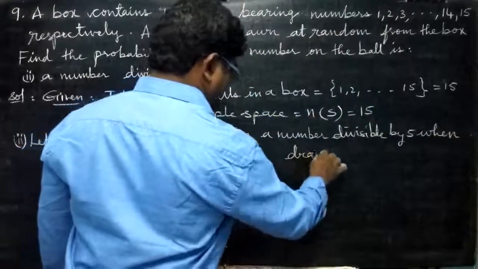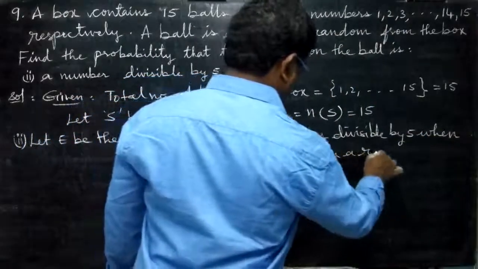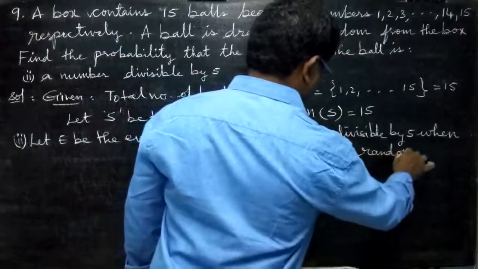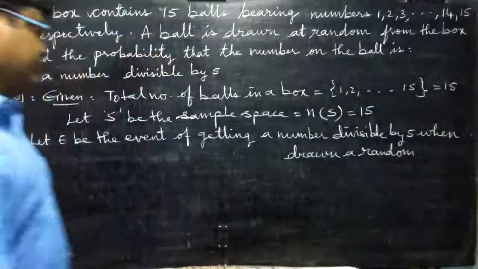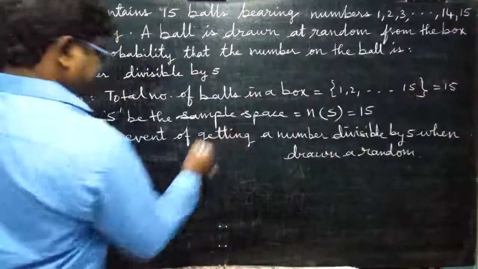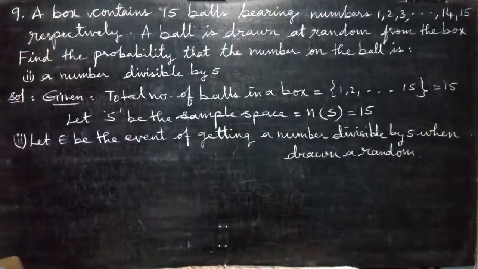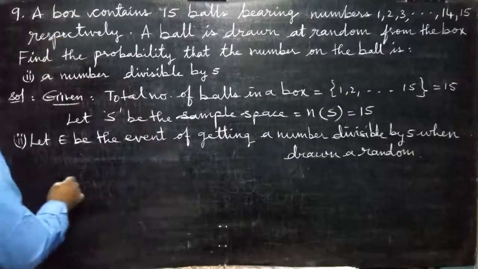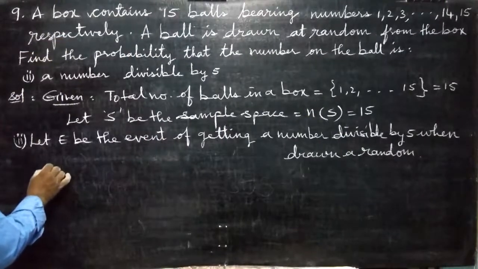You have to write a meaningful sentence: drawn at random. Before also you saw that word, whether we wrote meaningful or not. Getting. So what is the event? A number divisible by 5.